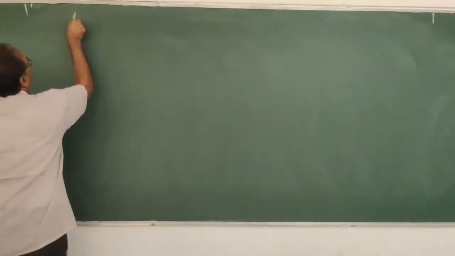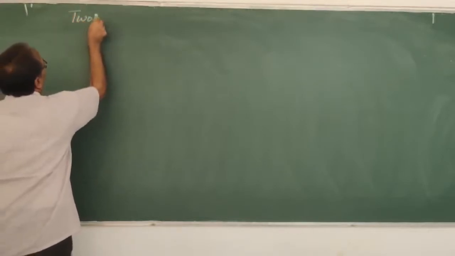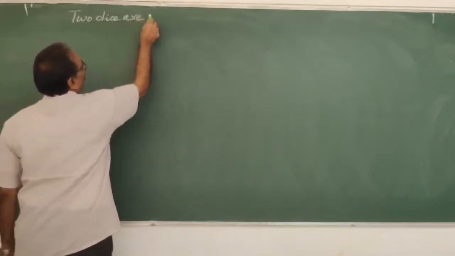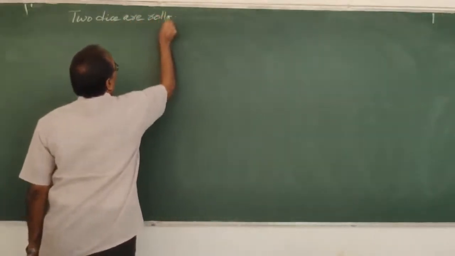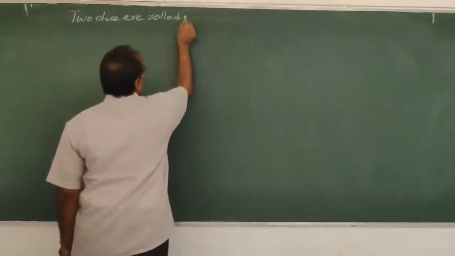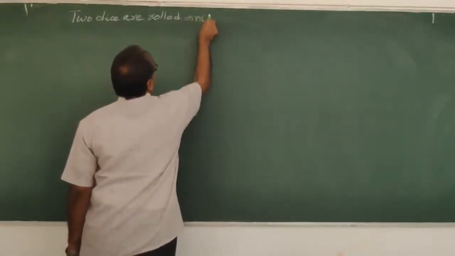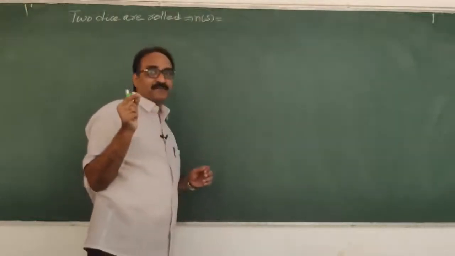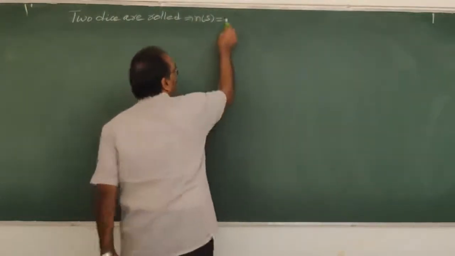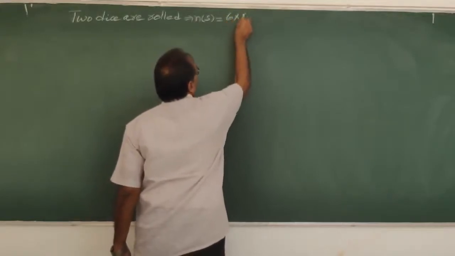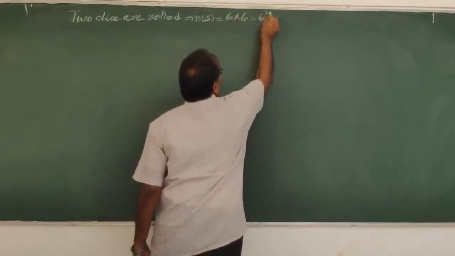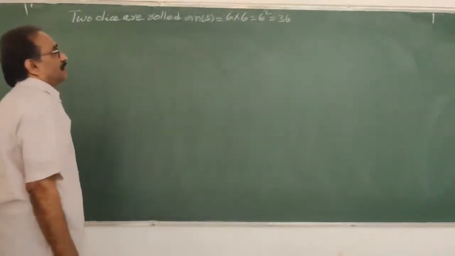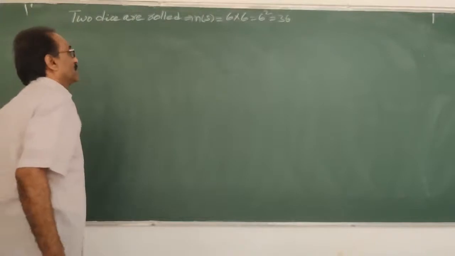So n of S is equal to, as I told you, when a die is rolled the number of sample points is 6. When 2 dice are rolled it means 6 into 6, that is 6 square, that is equal to 36. n of S is equal to 36.